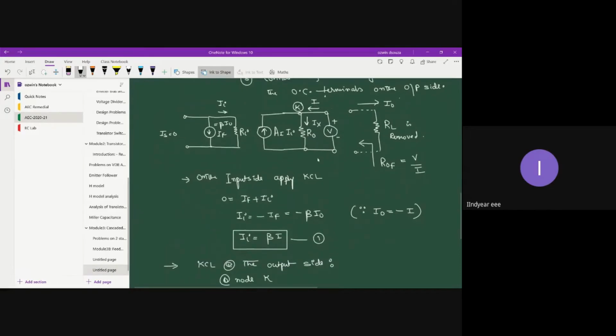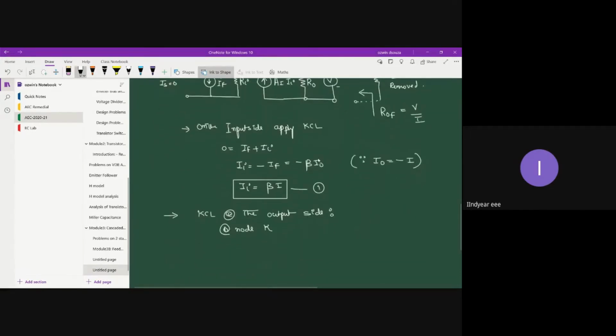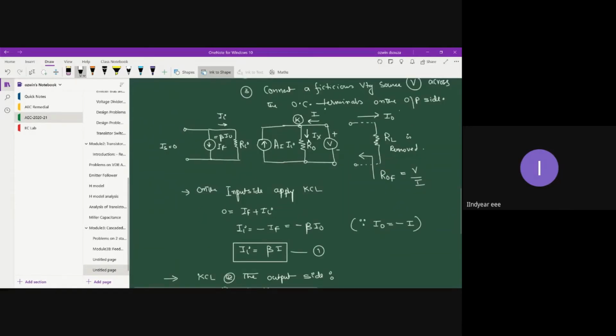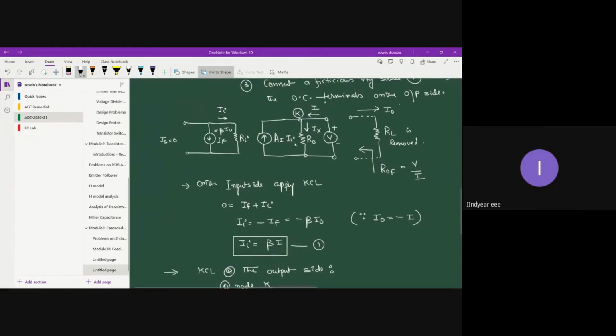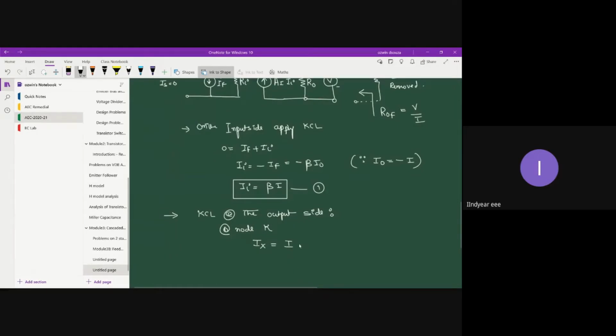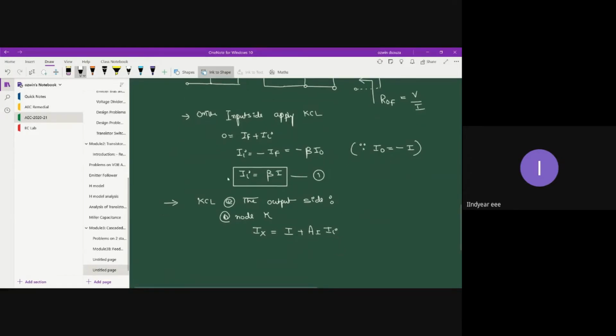IX is the current flowing through the resistance R0. When I apply KCL, I get IX is equal to I plus AI times II, because the outgoing current is IX and the two incoming currents are I and AI times II. Or current I is equal to IX minus AI times II.